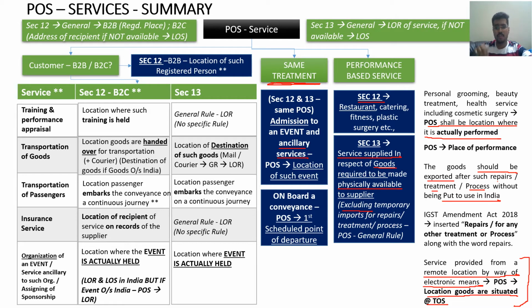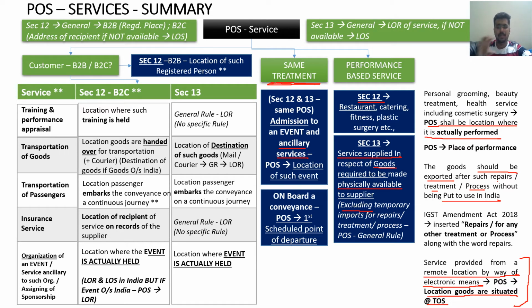So he will not come to India to provide the service, right? He will operate from the US, and he will take care of the software. He will monitor all the systems in India, and he will provide this AMC service or maintenance service from the USA. So here, where are the goods located at the time that the service is provided? In India. So the place of supply will be India.